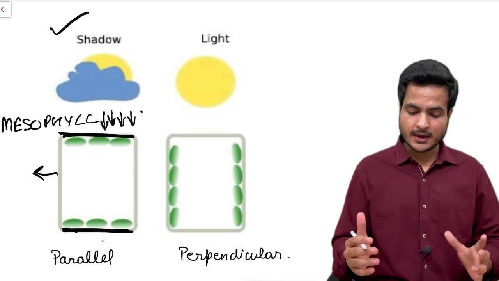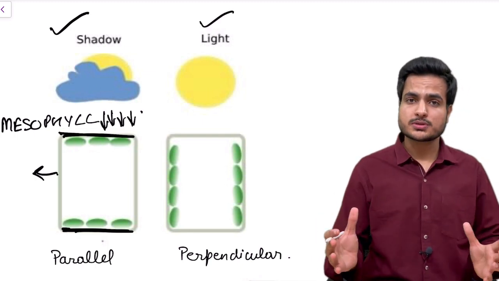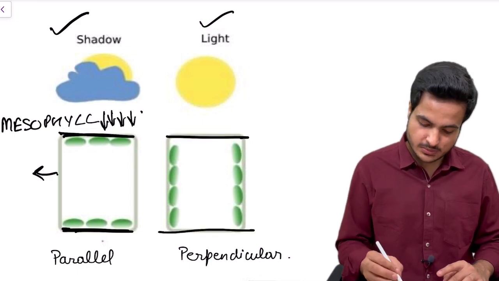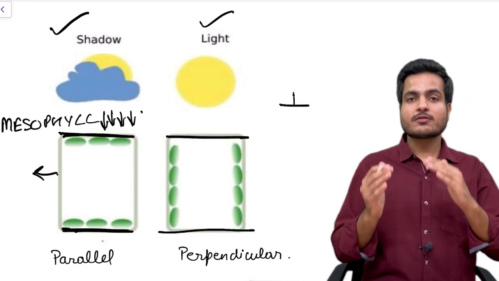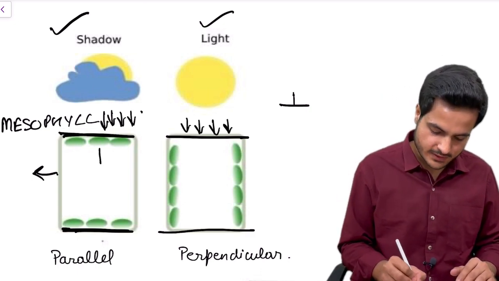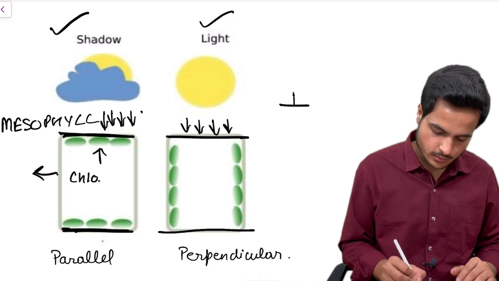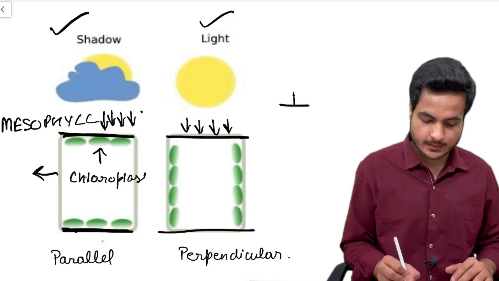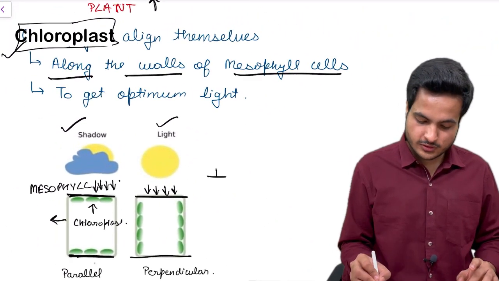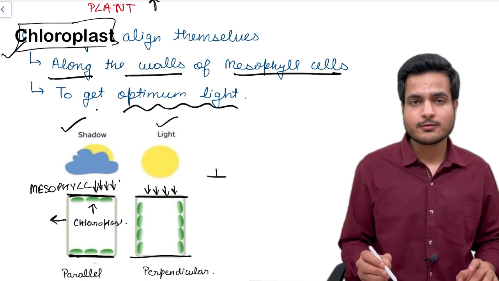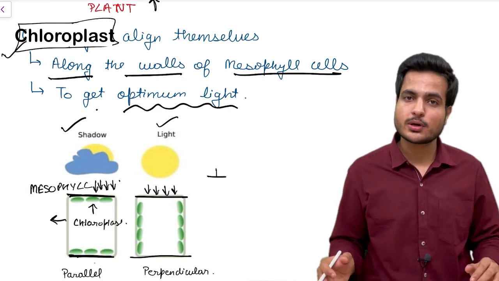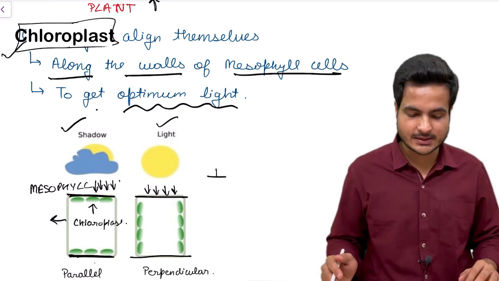But when sunlight is present in large amounts, when there are no clouds and the sky is clear, these chloroplasts would arrange perpendicular to the walls of the mesophyll cells so that less light could fall over the surface of these chloroplasts. So they align along the walls of mesophyll cells to get optimum light when it is shadow outside, and when the light conditions are too bright, they arrange perpendicular to the walls.